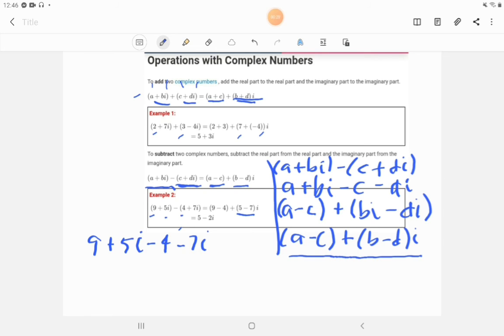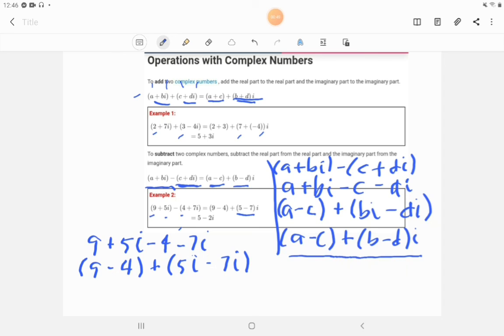And then we group the like terms. 9 minus 4, then plus 5i minus 7i.